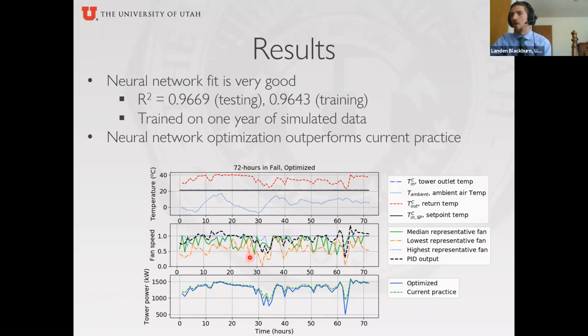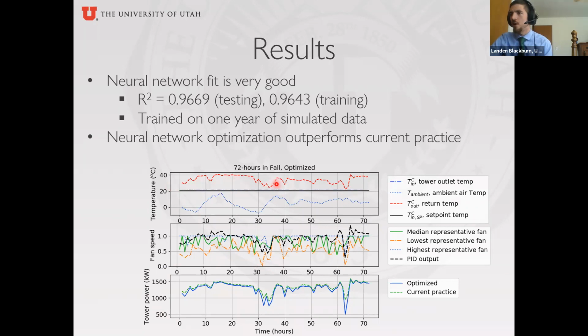They've been added in to show that they're all being moved around at each time step by this machine learning-based optimization algorithm. You can see the temperature control is pretty well unaffected. I don't think it's actually visible here, but the actual outlet temperature of the tower is perfectly on top of this set point right here.